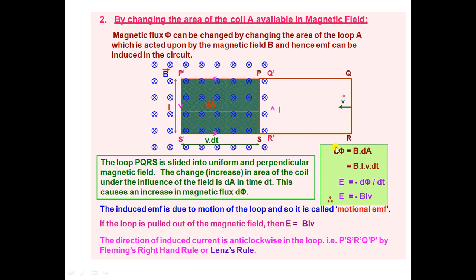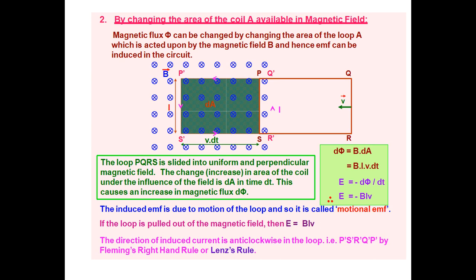How is E equal to BLV? We'll see here. Suppose d phi is equal to B dot dA. Why? B is the magnetic field and dA is the change in area under the magnetic field, increasing at a rate of dt.